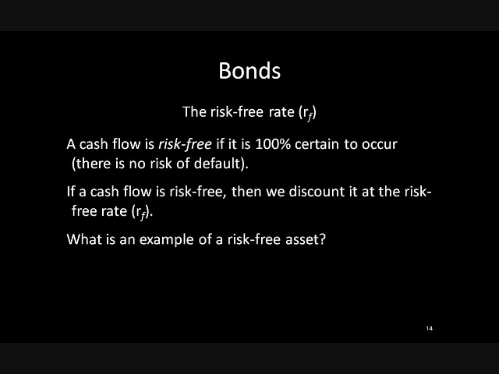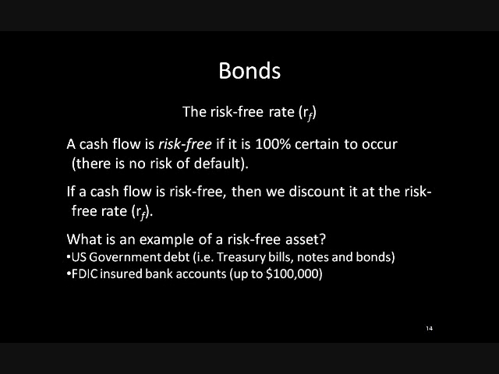What is an example of a risk-free asset? Well, there's a couple. U.S. government debt, that is Treasury bills, Treasury notes, and Treasury bonds. FDIC insured bank accounts. The FDIC is the Federal Deposit Insurance Corporation, and they basically will guarantee that your bank account is safe. The federal government stands behind your bank account up to $100,000.